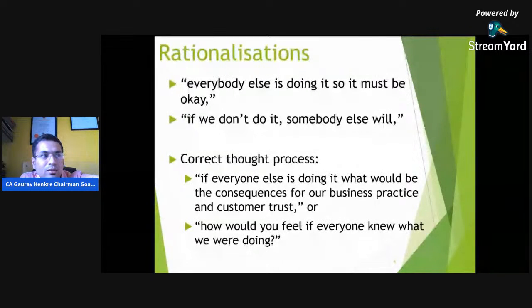I think the correct process here would be to first of all think about what happens if everyone does this, what happens to customer trust, and in our case the trust which the government and the regulatory bodies have placed on us.